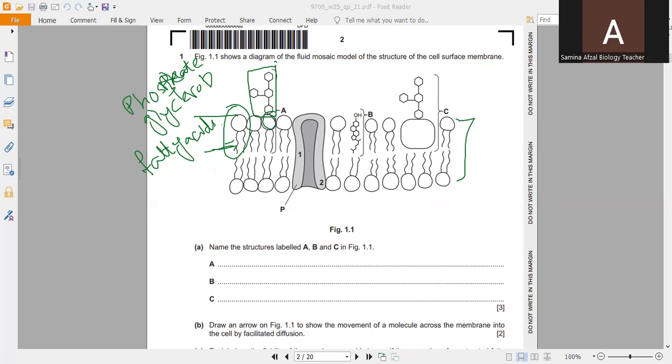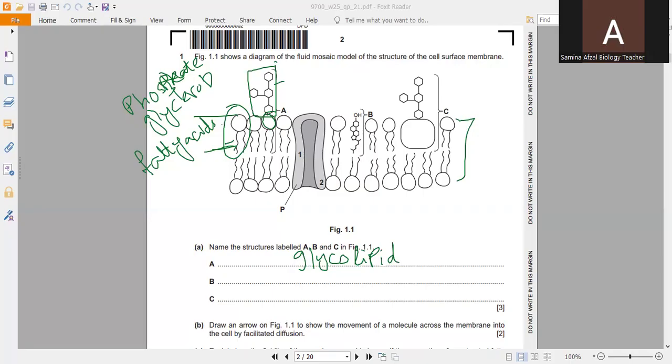So it is a glycolipid. A is glycolipid. And the second one is a small hydrophobic molecule tucked between the phospholipid tails, regulating membrane fluidity.